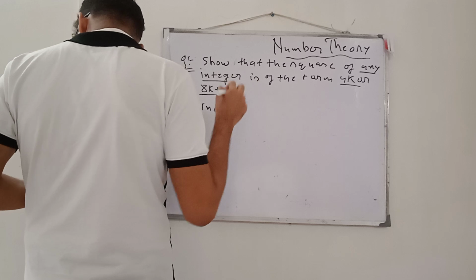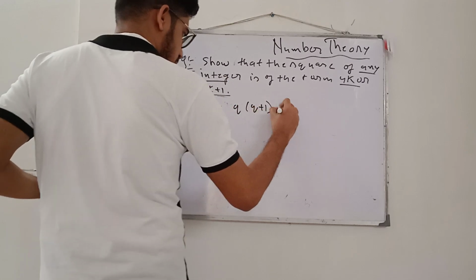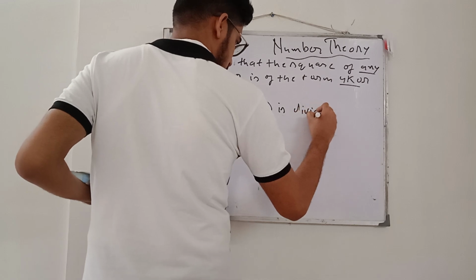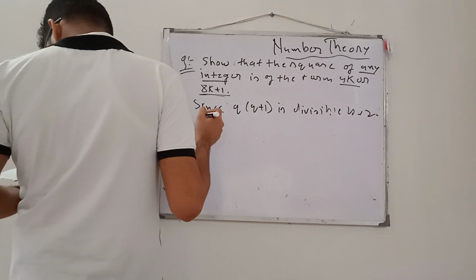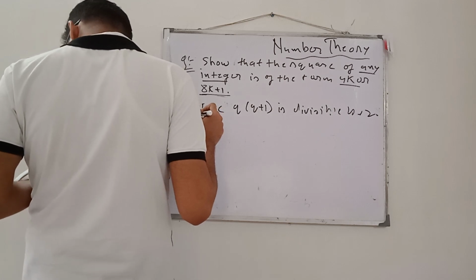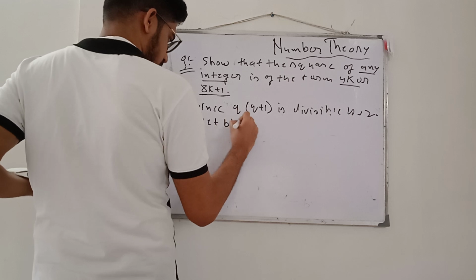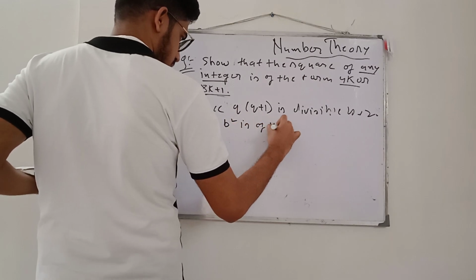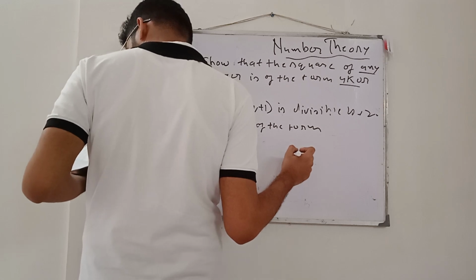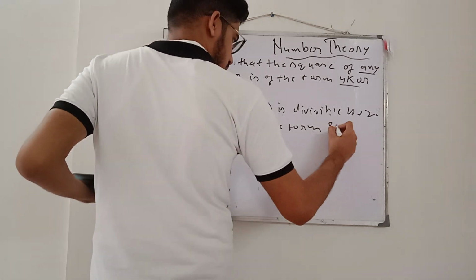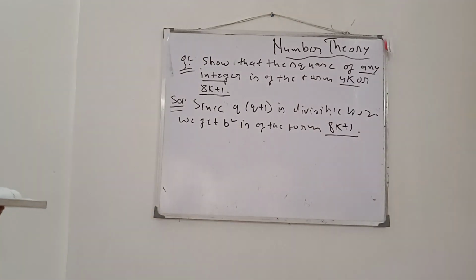Since we know q into q plus 1 is divisible by 2, we get b square is of the form 8k plus 1.